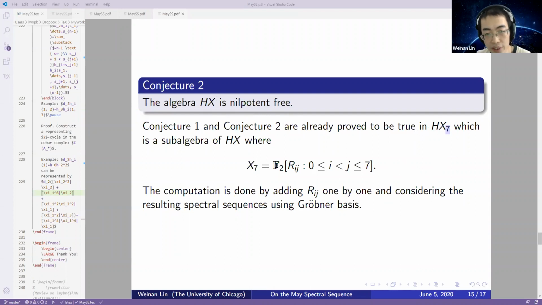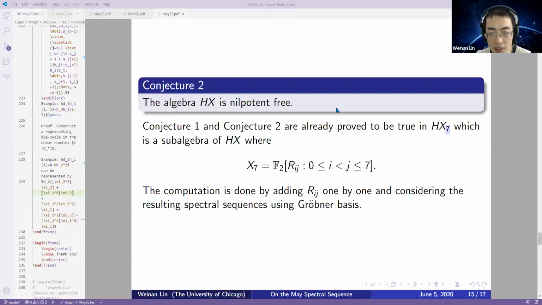And it's a little bit curious because by Nishida, we know that the homotopy group of spheres is nilpotent, except for degree 0. So all elements in the stable homotopy group of spheres in positive degrees are nilpotent.